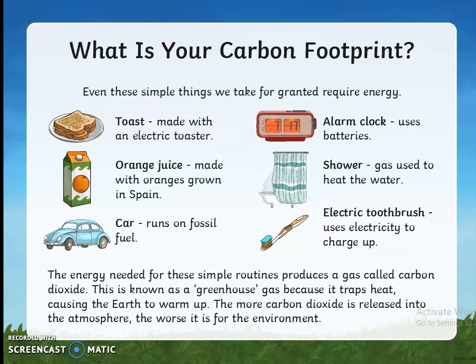This is known as a greenhouse gas because it traps heat, causing the earth to warm up. The more carbon dioxide is released into the atmosphere, the worse it is for the environment.